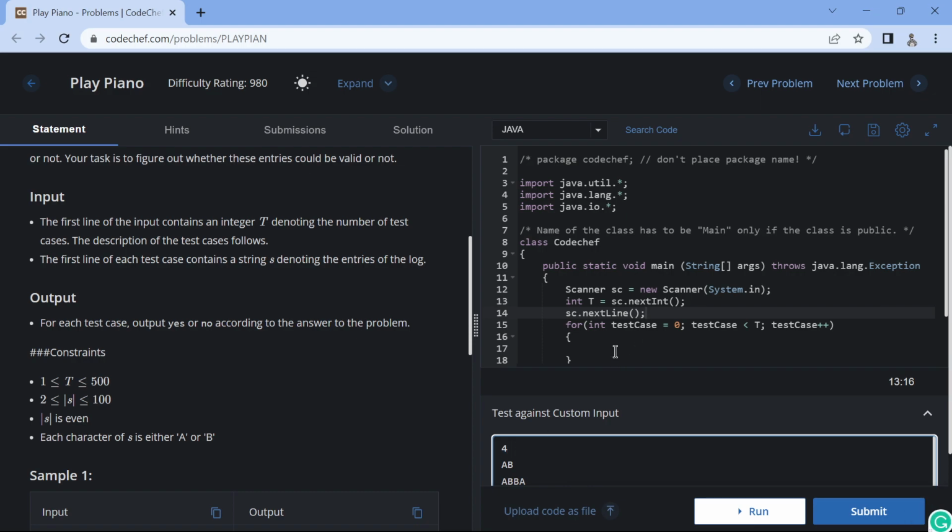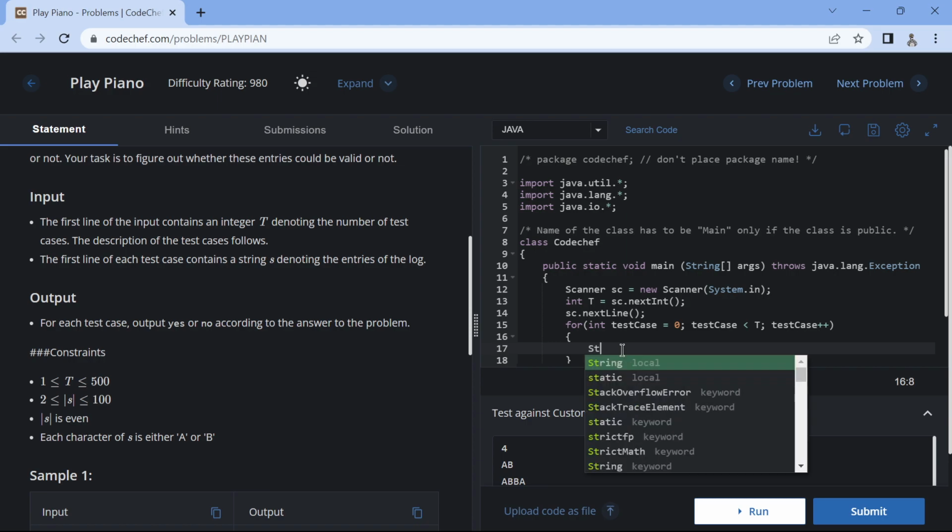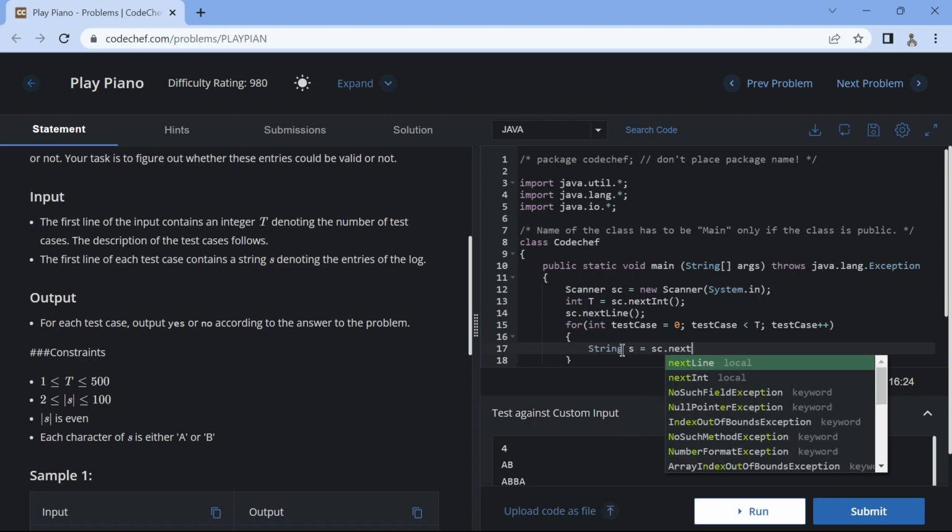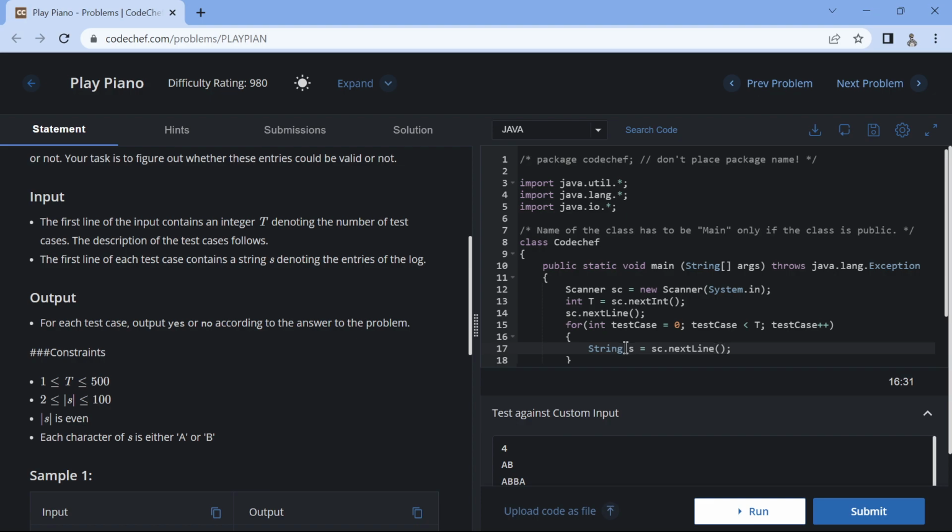If I use next line here to take in the next input, let's say string s equals sc.nextLine, the issue is that without this extra next line, it's going to read the rest of this line, which is just nothing. So you need this next line to go to the next line, so that when this reads, it reads this line, not the rest of the previous line, which would have been nothing.